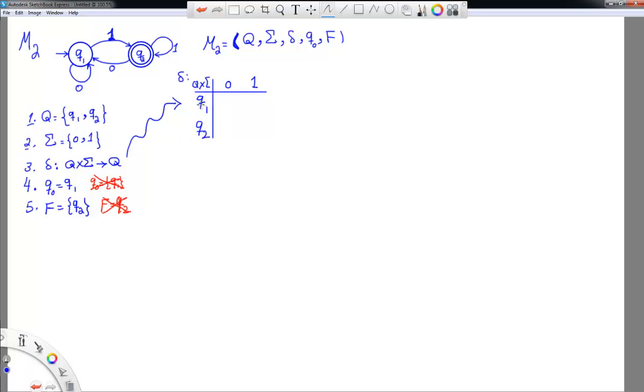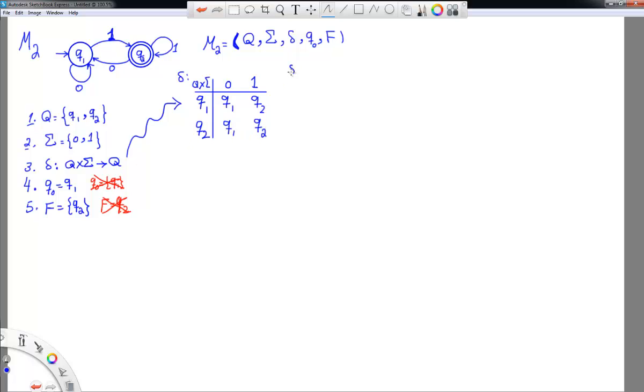So the delta of q sub 1, 0, meaning what does the machine do if it's in q sub 1 and it sees a 0, it stays in q sub 1. When it is in q sub 1 and it sees a 1, it goes to q sub 2. If it is in q sub 2 and it sees a 0, it goes back to q sub 1. And when your machine is in q sub 2 and it reads 1, it stays in q sub 2.